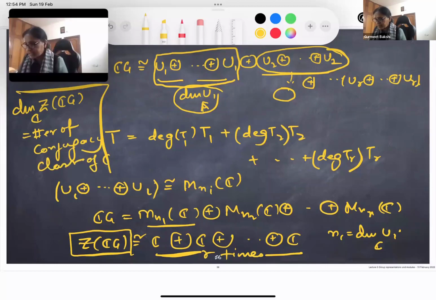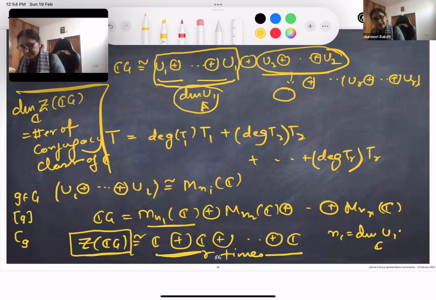So basically you can prove that if you take g in G and denote by this its conjugacy class, and take the sum of all the elements in this conjugacy class, I will denote this by C_g. C_g means the sum of x in the conjugacy class of g.